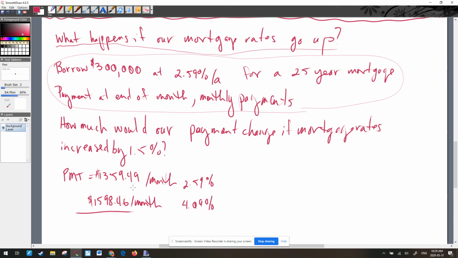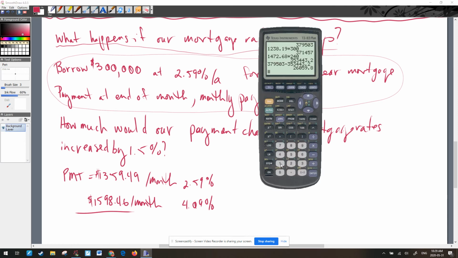So the difference between those is really, really big, right? So let's get that. $1,598.46 minus $1,359.49. So my mortgage payment would go up $238.97.